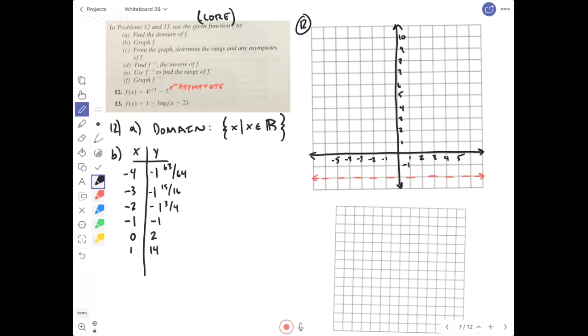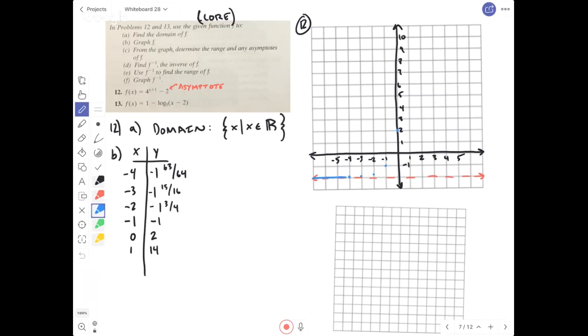So I've got negative 4 gives me negative 1 and 63/64. Very close to negative 2. And still very close to negative 2. And now it's only negative 1 3/4, getting closer. Negative 1, 2, and 14 is already off the graph.